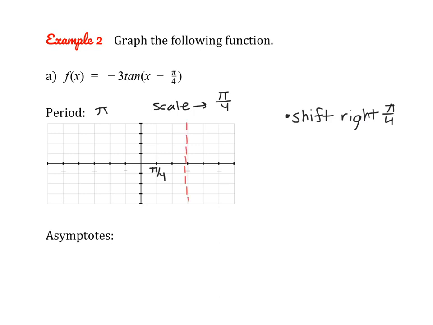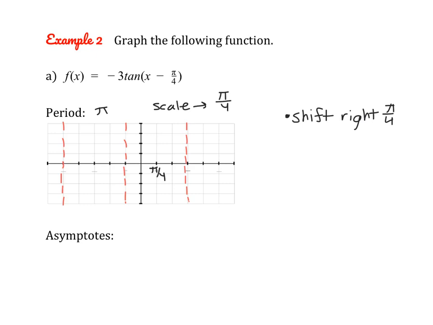And then instead of having an asymptote right here at negative pi over 2, I'm going to shift it to the right pi over 4. So this is where my asymptotes will be, and they'll reoccur every pi units. So I can go 1, 2, 3, 4 to the left, and I can fit in another full period right here.